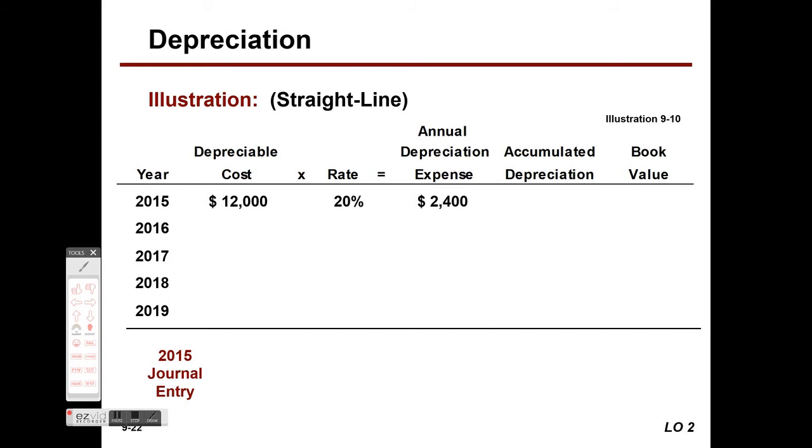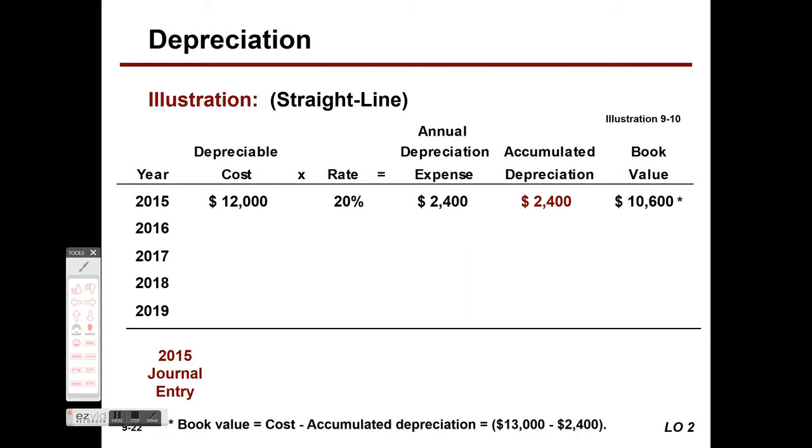Since 2015 is the first year the asset was placed in service, the depreciation is equal to the expense for that year, and that gives us a book value of $10,600, which we calculate by taking the purchase price of $13,000 less the accumulated depreciation, and that gives us $10,600.